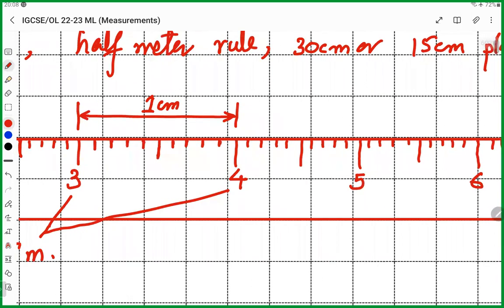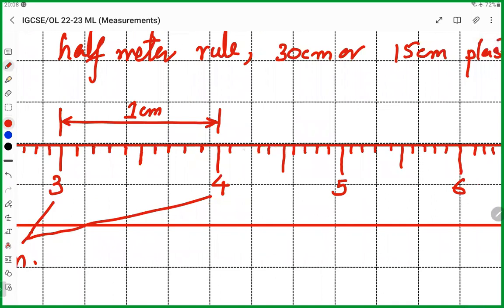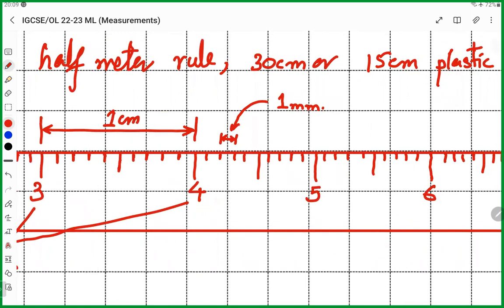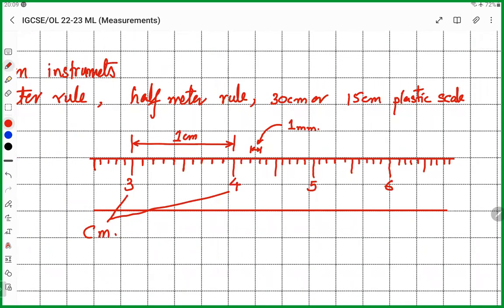How much is it from one small division to another small division? It is 0.1 centimeters, or 1 millimeter. Yes. So anything that we measure with this will be accurate to 1 millimeter.